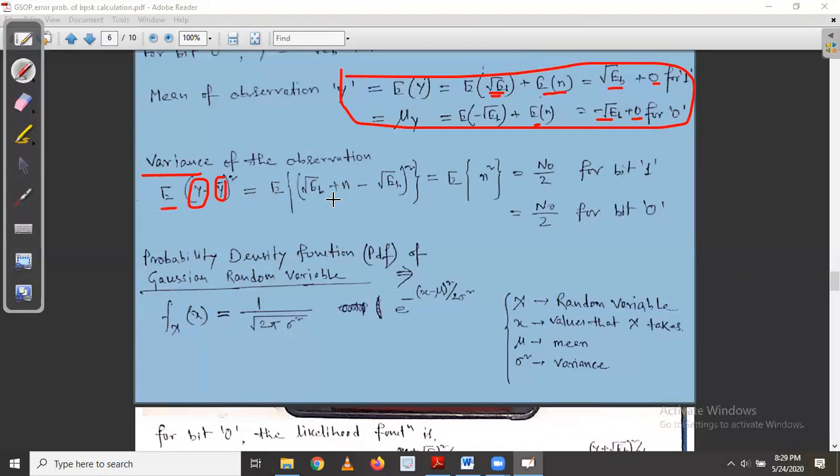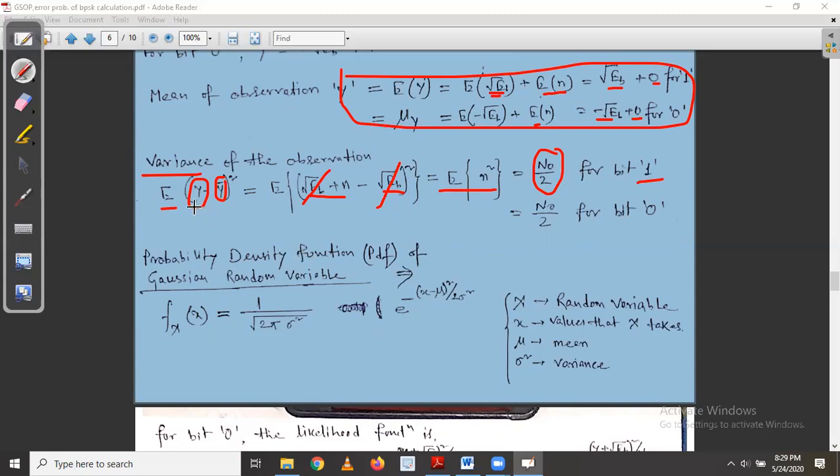If I put Y as root of EB plus n for bit 1, minus the mean of observation, these two will be cancelled out. We will have E of n square. This is nothing but the variance, which is N naught by 2.